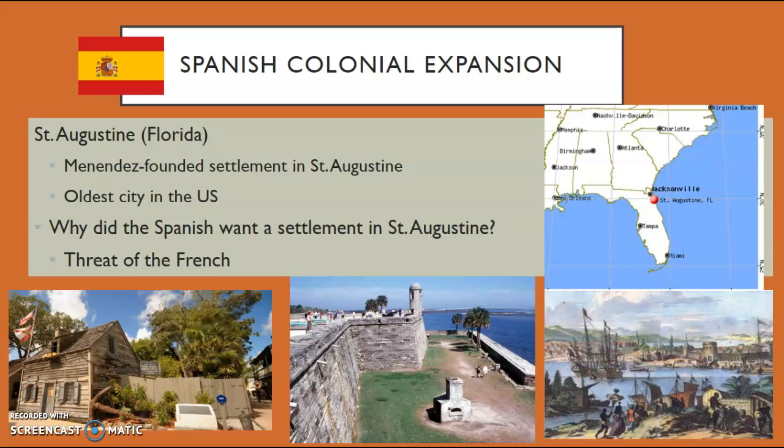There was competition between all these countries. And so the Spanish felt like, hey, if we go there and we build a little fort and we build some buildings and we make a city here, we can keep the French from invading our area and taking over our colonial holdings. So St. Augustine, Florida, if you've never been there to visit, is considered the oldest city in the United States, and it was established by the Spanish.